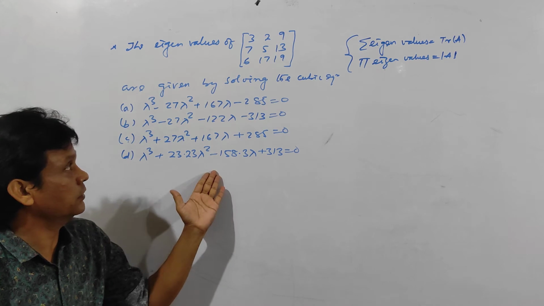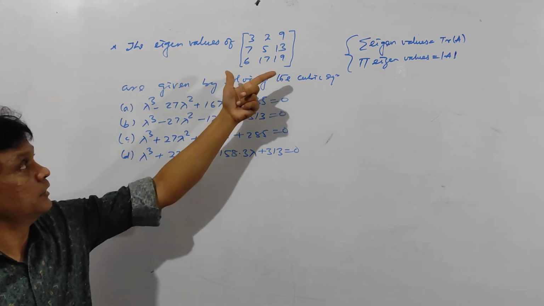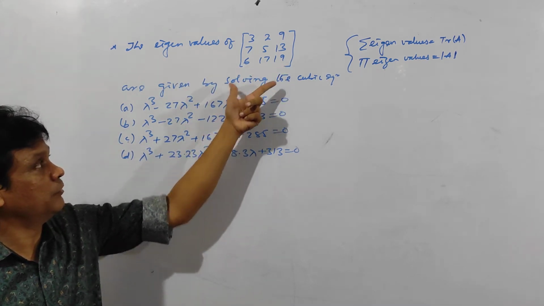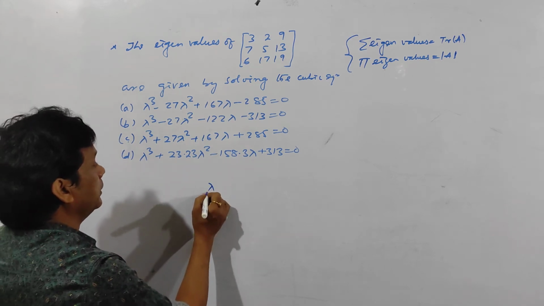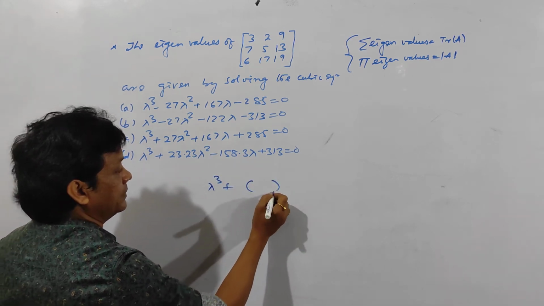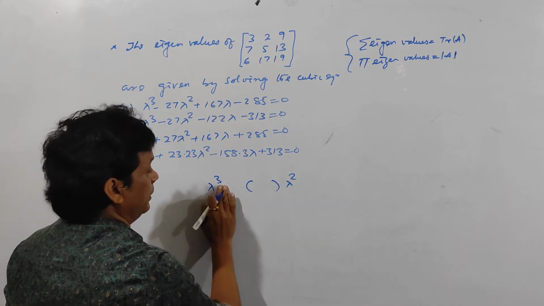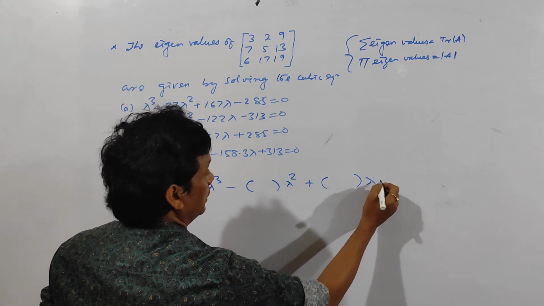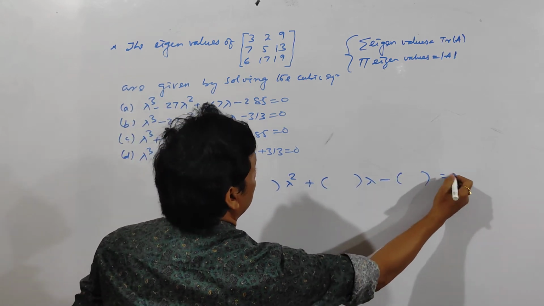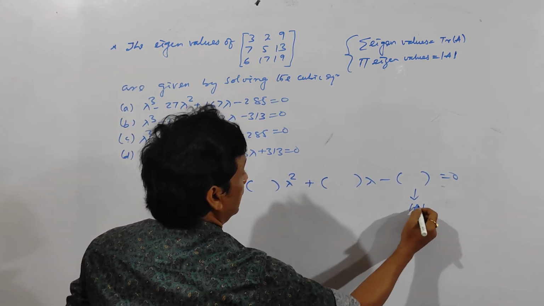See here, I have already told you in my previous video how to find out the characteristic equation. The question is here. It was asked in a GATE exam, the matrix is given and you want to find out the characteristic equation. And I have told you how to write lambda cube minus trace of A into lambda square plus, then alternate sign, this one into lambda minus this one equal to 0. This is the determinant of A, you should write.